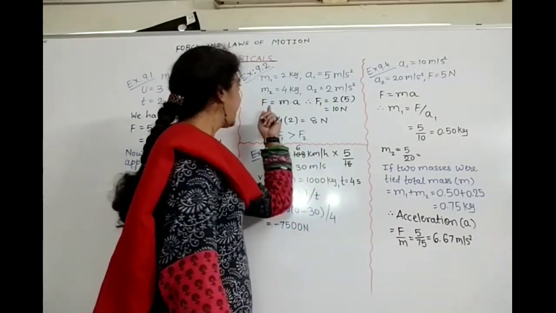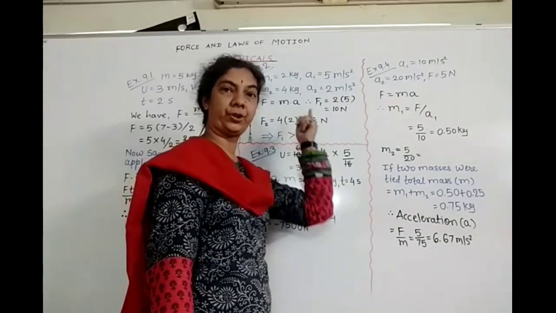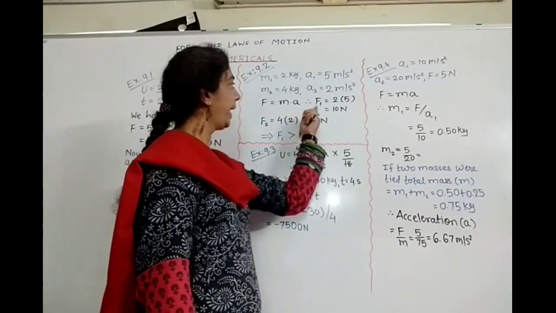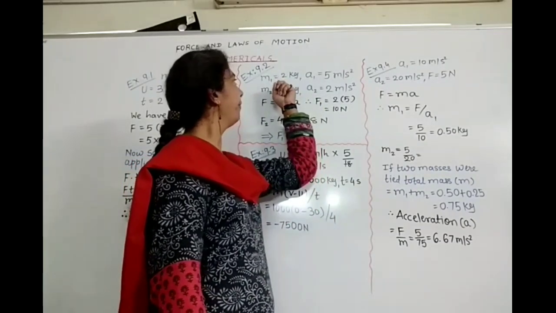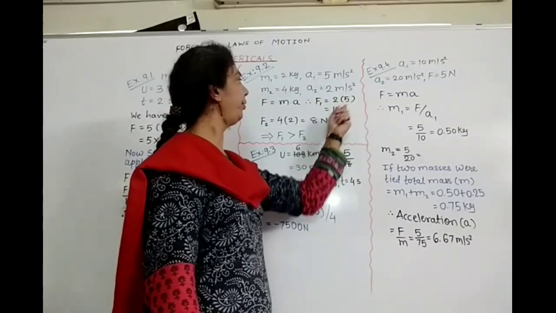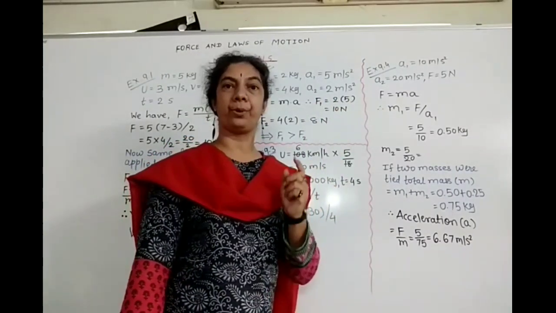We are having basic formula as F equals to m into a. So F1 becomes m1 into a1. So multiply 2 into 5, we are getting 10 Newton force.